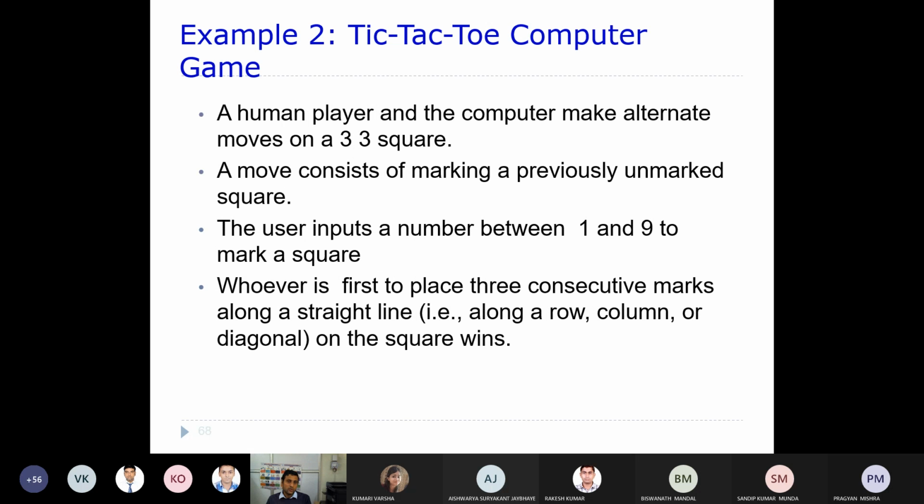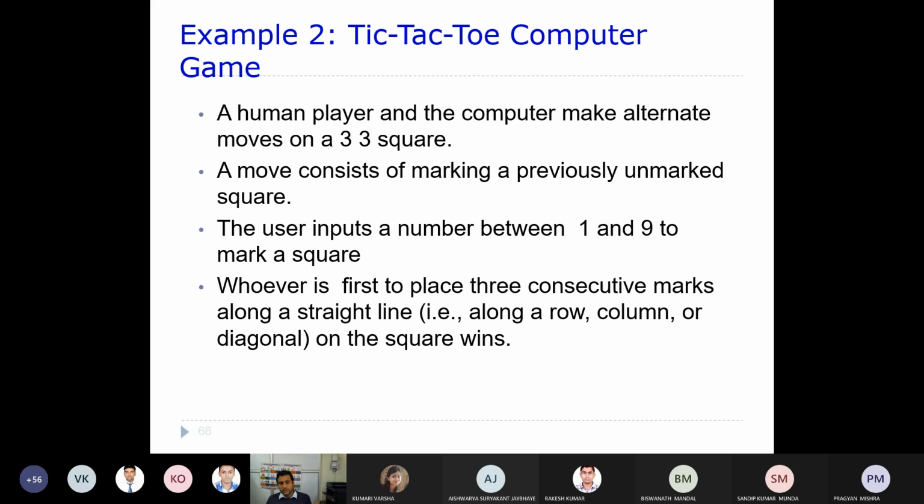Now you can think of a tic-tac-toe game, with a 3 by 3 square. You can have certain inputs, maybe a number between 1 and 9 to mark a particular square.